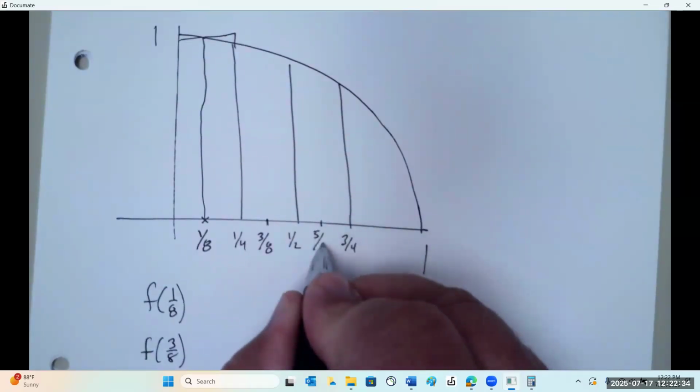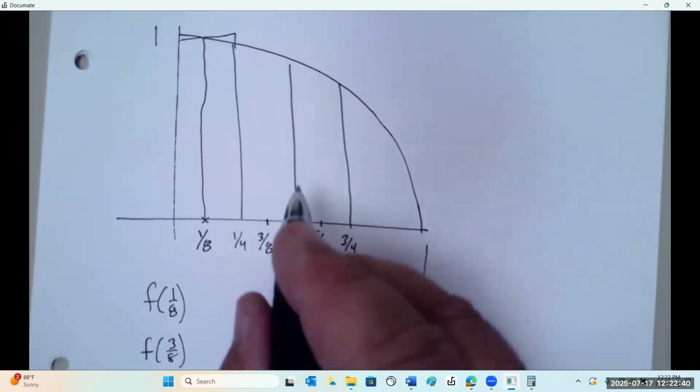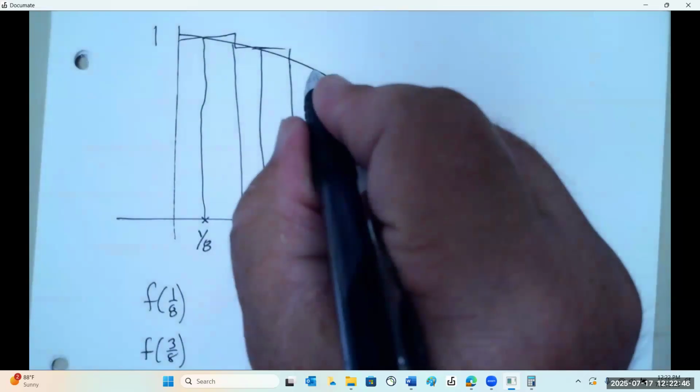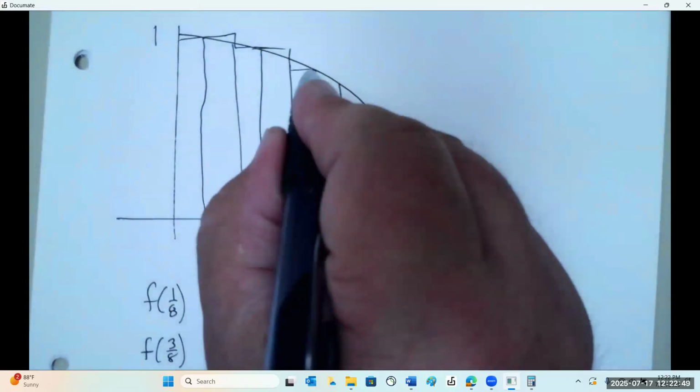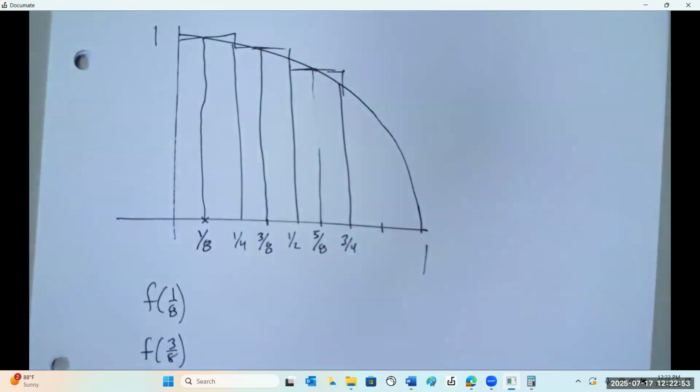Then we're going to use 5/8. Those are all my midpoints between all these intervals. Then I'll look at 7/8.